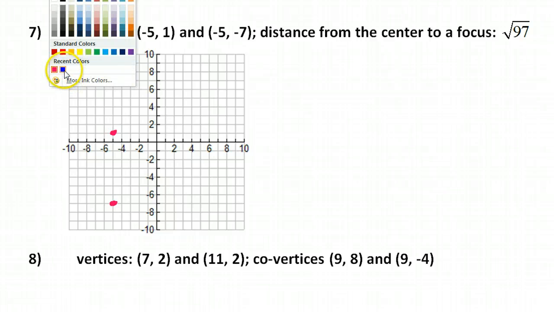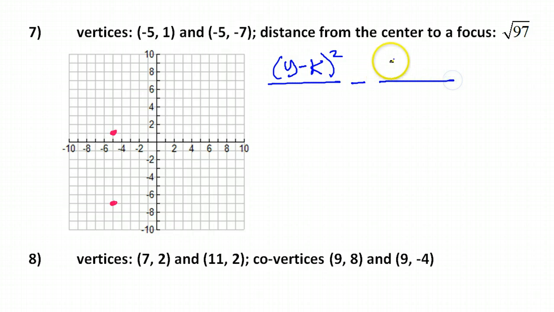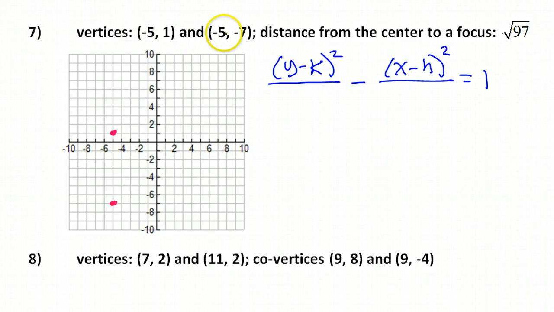going to go first. So in the equation, it's going to be y minus k squared, and then x minus h squared. It's vertical, so the y term should be first and positive. We can figure out exactly what the center is just based on this.